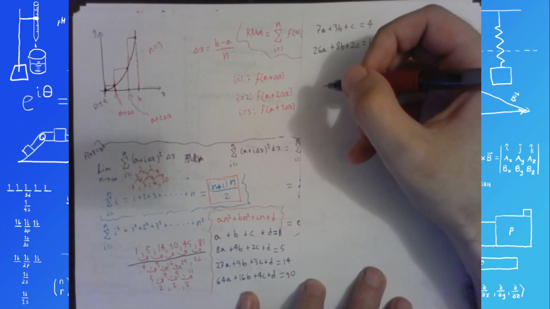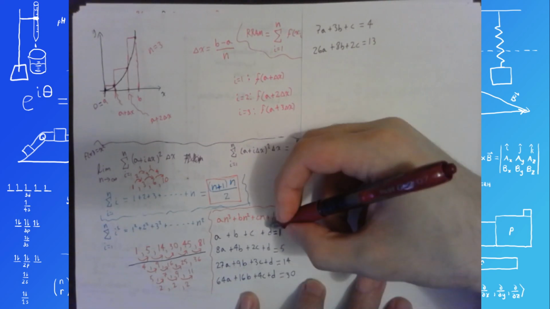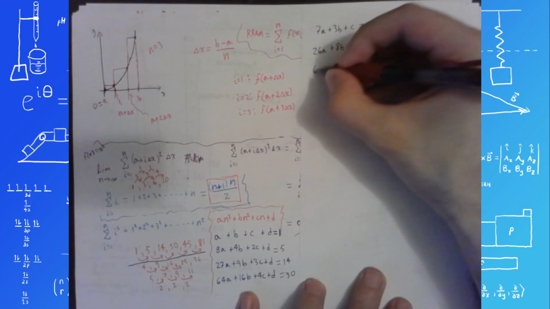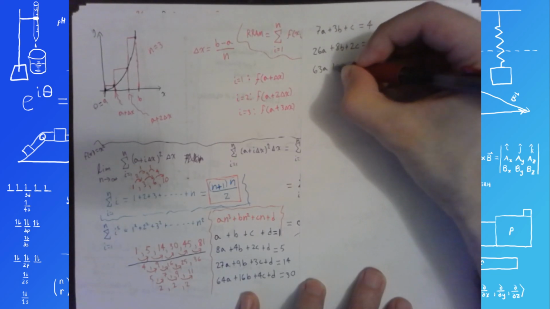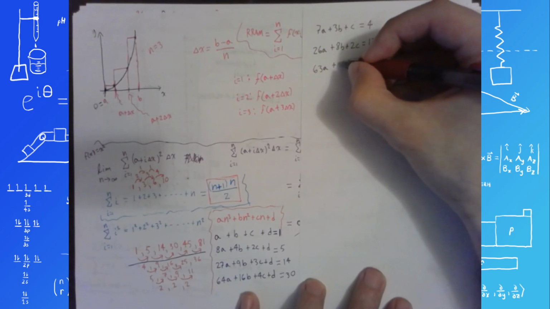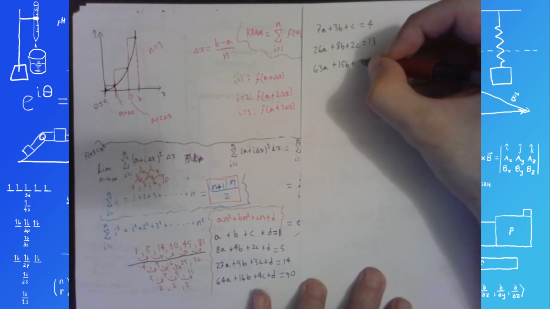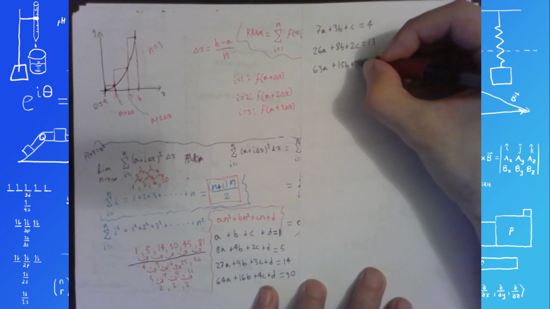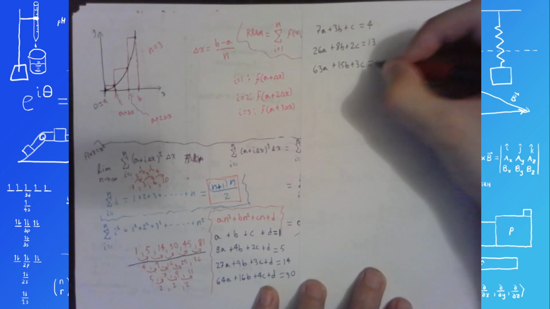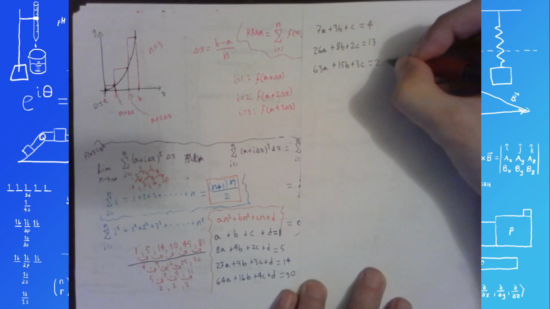And if I do the fourth equation minus the first, I get 63a plus 15b plus 4c minus c is 3c equals 30 minus 1 is 29.